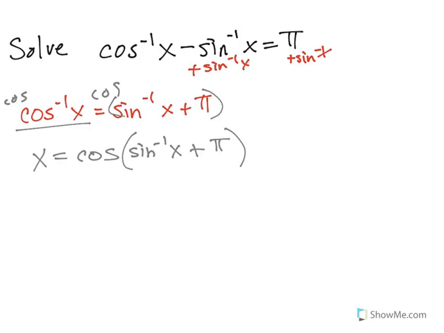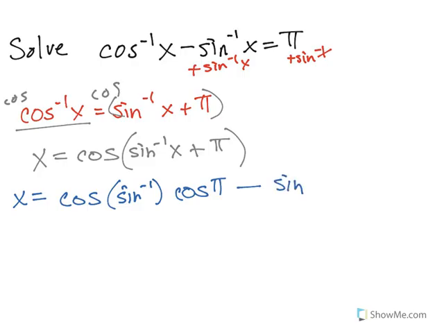So I go to my trig identity page, and the cosine of a sum tells me I will have the cosine of the inverse sine of x times the cosine of pi, minus the sine of the inverse sine of x times the sine of pi. I wrote this backwards on my paper, but that's fine.